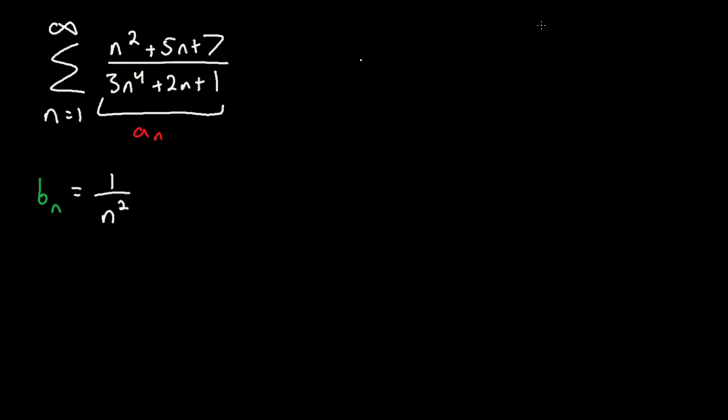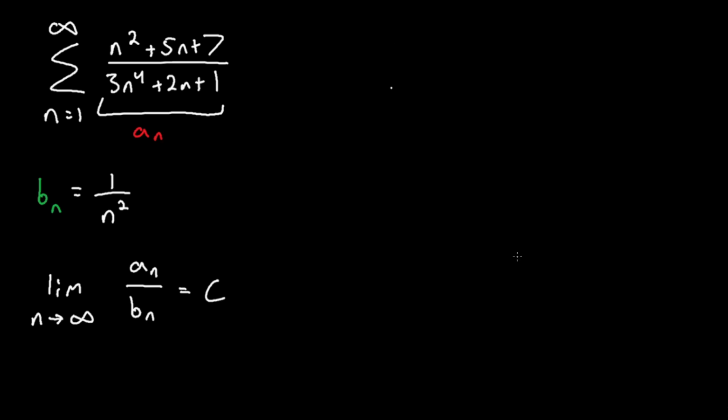Well, now that you have this, you can use the limit comparison test. The limit comparison test states that the limit as n approaches infinity of a of n over b of n gives you some number, and we call this number c. Now, c has very annoying conditions, but it's actually more straightforward than you think.